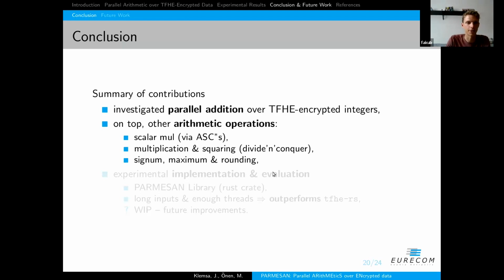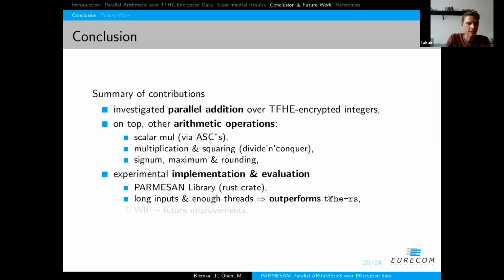Then the other operations are multiplication, squaring, signum, maximum, and rounding. All is implemented in an experimental implementation, which is evaluated, and you can find everything in the PARMESAN library. And what we can conclude is that, for long enough inputs and enough threads, at the moment it outperforms TFHE RS in most of the operations.